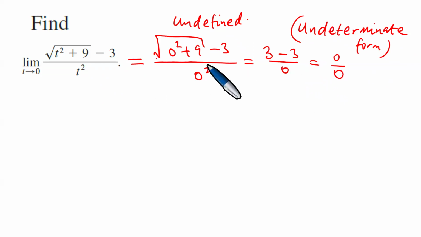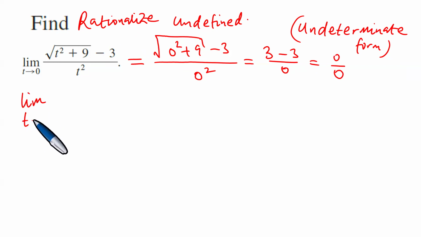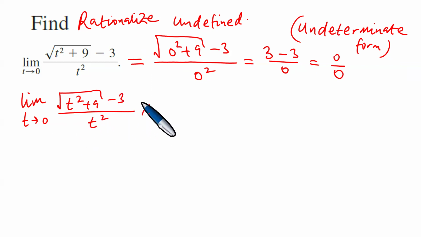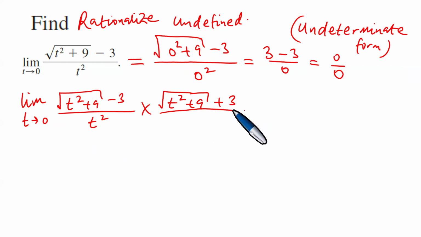What do we do? We proceed to rationalize. How do we rationalize? We take the limit as t approaches 0 of the square root of t squared plus 9 minus 3, divided by t squared, times the square root of t squared plus 9 plus 3 divided by the square root of t squared plus 9 plus 3.